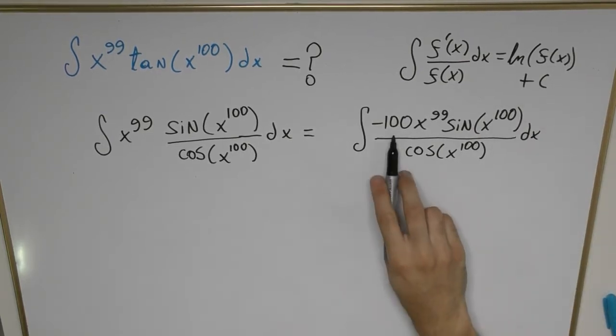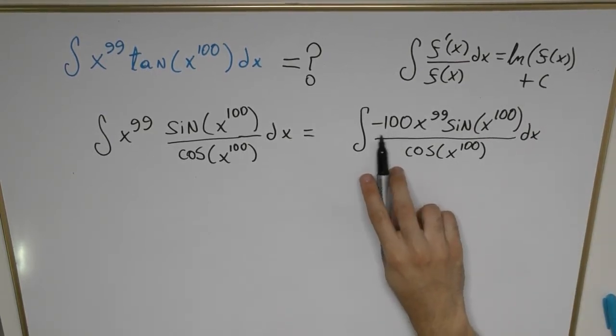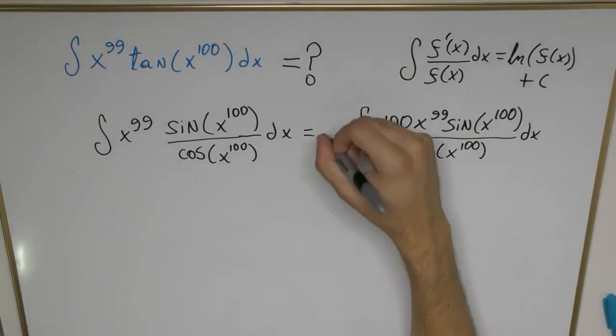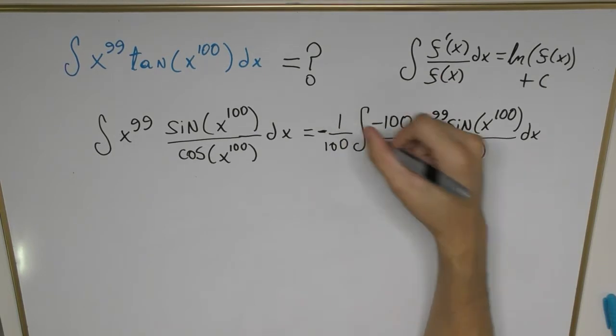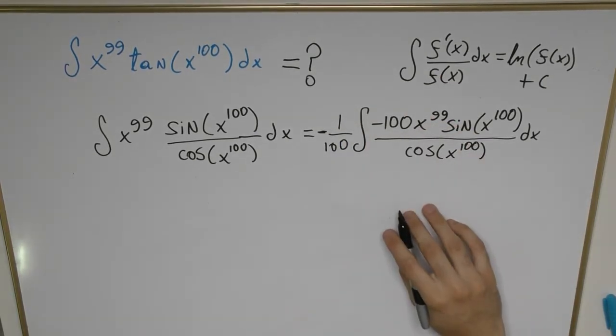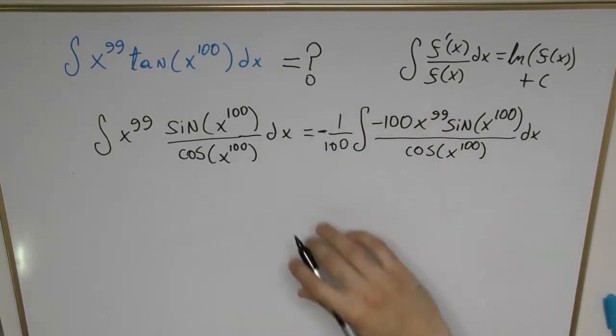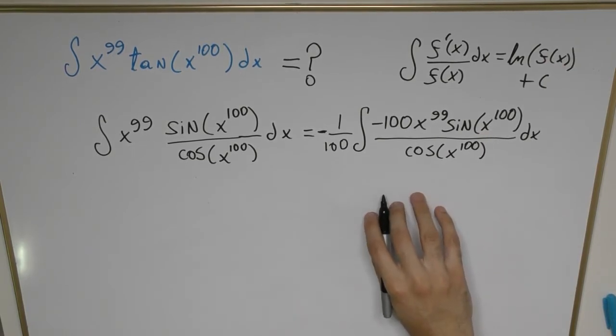And now, since we have included this extra factor of minus 100 in the numerator, just to make sure everything remains consistent, we're going to apply the inverse of that outside the integral. That's going to be minus 1 over 100.